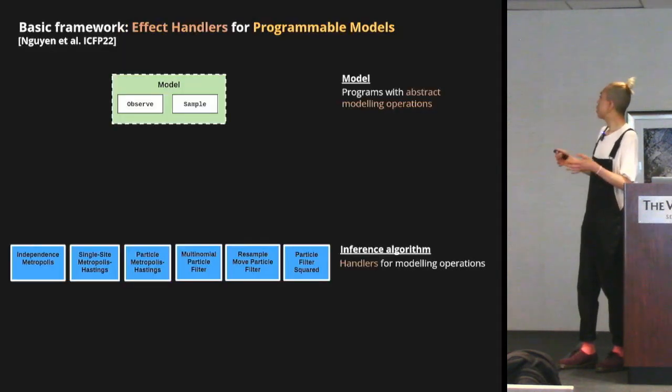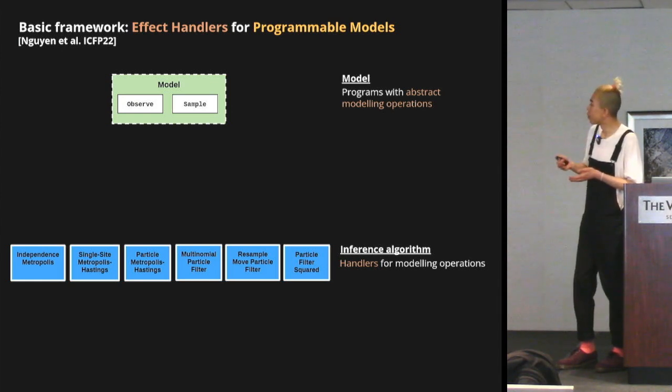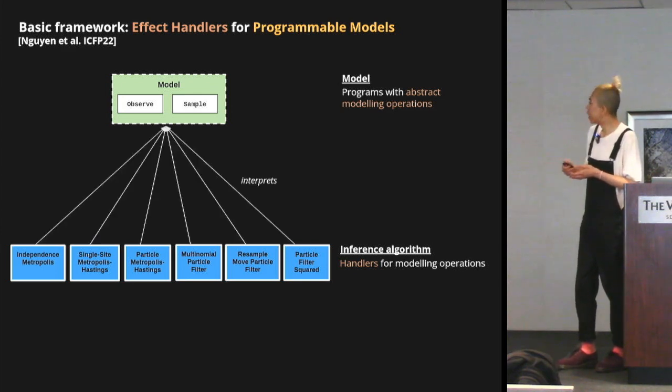Okay, so using algebraic effects, I've given you the following framework. The model is a program that contains abstract operations, sample and observe. The inference algorithm then handles these operations, executing the model thousands of times and generating some values that we care about.